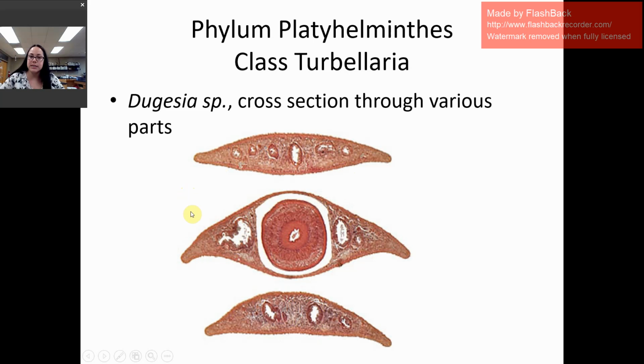So it's basically their digestive system, their intestine, and it branches and goes all over the body, and this is what you see. Now, in between that, over here, you would have the testes, and over here, in between the branches of the gastrovascular cavity, you would have the uterus and the ovaries.